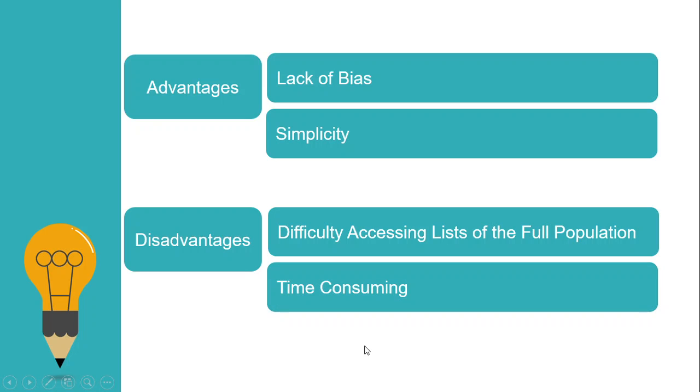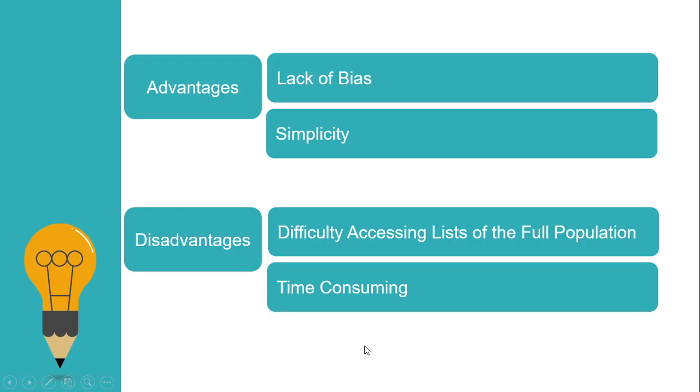The other disadvantage of simple random sampling is that it is time consuming. It is time consuming when there is no full list of a large population. So an individual attempting to conduct simple random sampling must gather information from other lists of the large population.